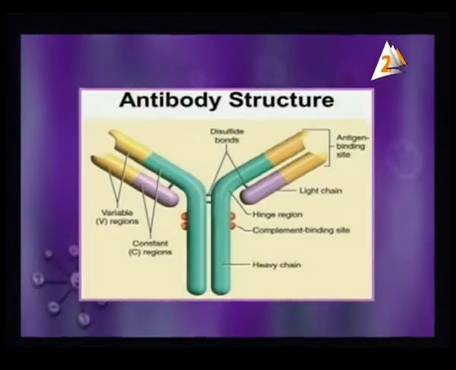The 4 chains, as I told you before, are joined together by disulfide bonds. The long polypeptide chains consist of 2 sites: the antigen binding site and the variable site. Each antibody has 2 identical antigen binding sites.